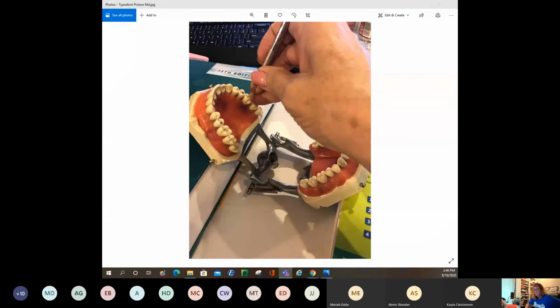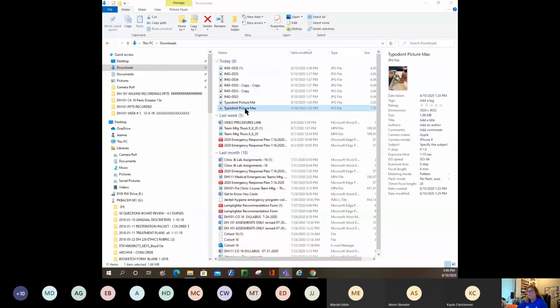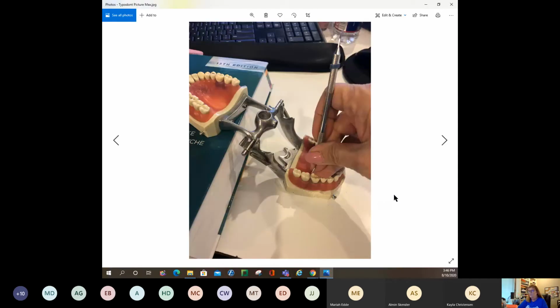And now I'll show you how I set mine up from home on the mandibular. I just labeled these opposite. I was trying to hurry and do this about 5 minutes before we got on.